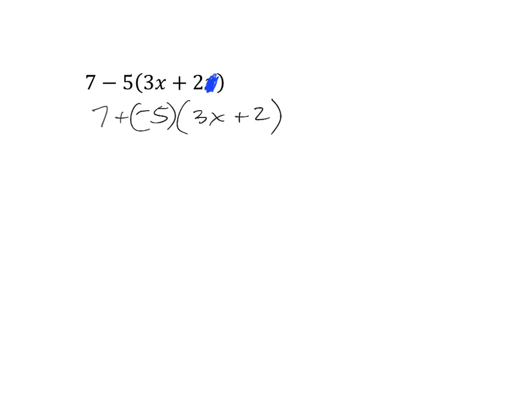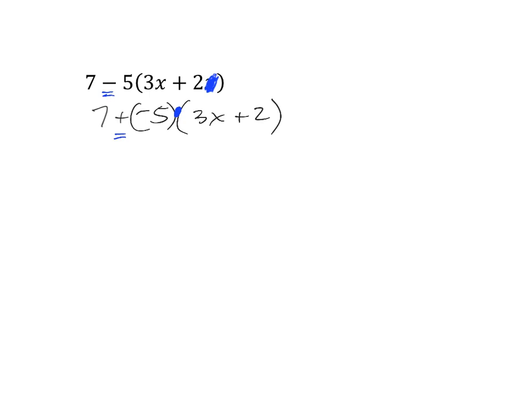Okay, so what we need to remember is this is multiplication. We have to do the multiplication before we can do the addition, or before we can do subtraction. You could do this two different ways, but you would have to remember that you're subtracting.